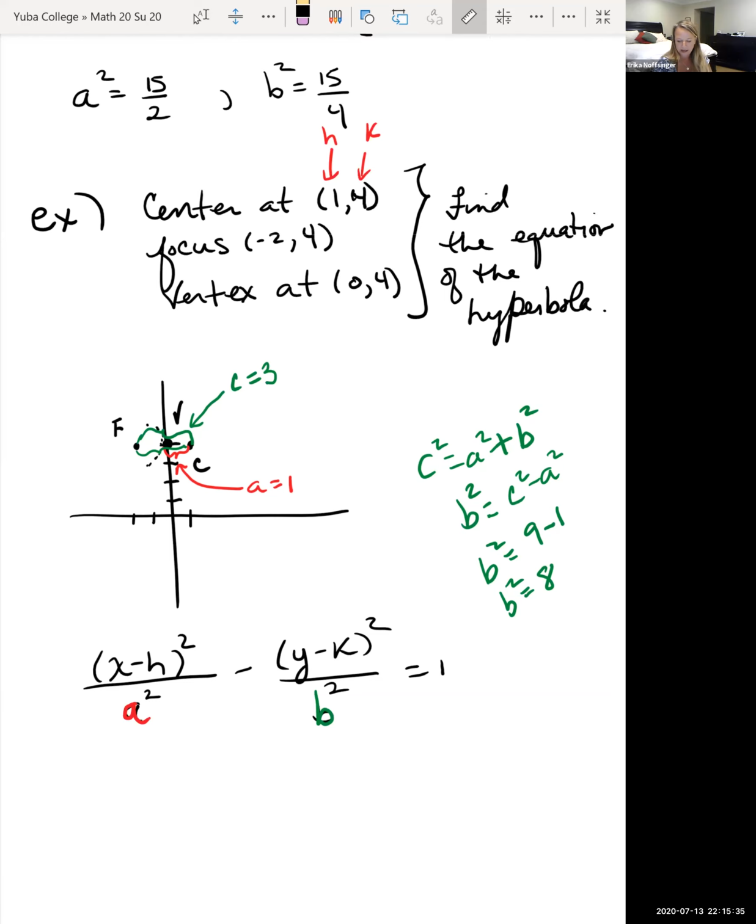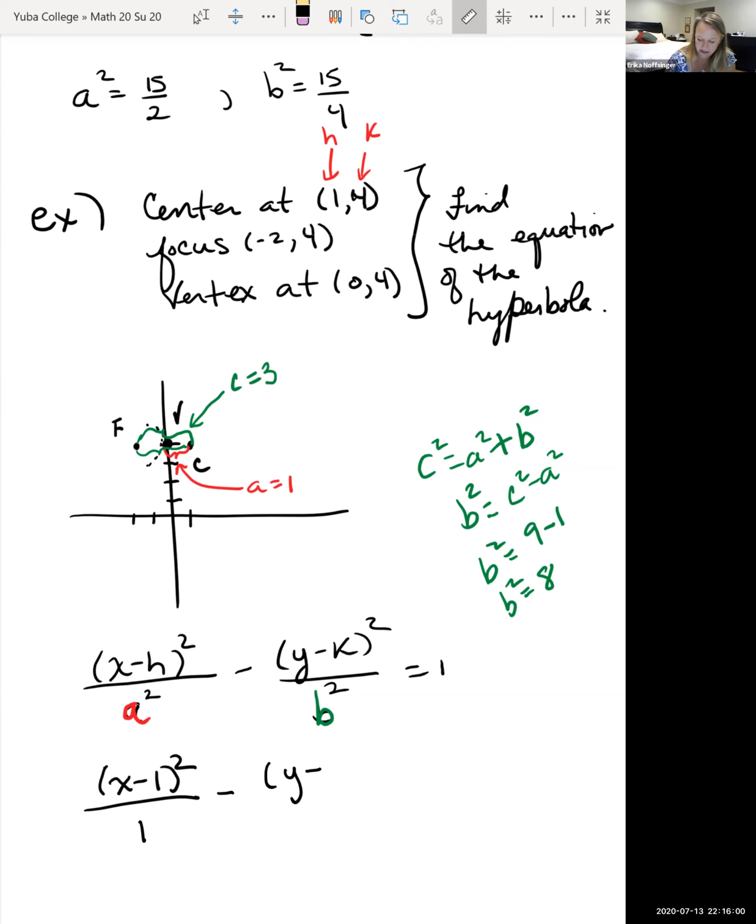So if we go back in and we plug in our values, we got it. So we have x minus h. H is 1, so x minus 1, quantity squared all over a squared. A is 1, so 1 squared is 1. Minus y minus k.